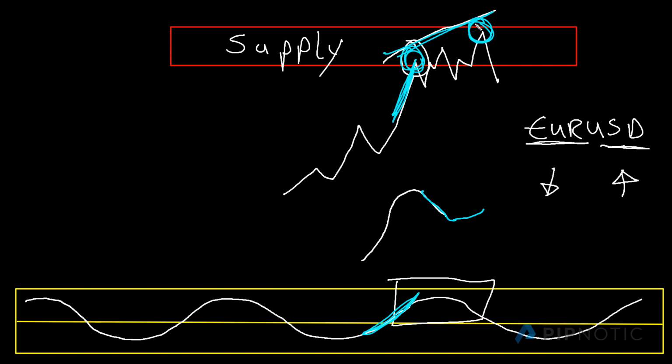We want price to go higher, but let's say this is called 1, and this is called 2. So this is the currency strength at the same area. We have currency strength 1 and currency strength 2. We want to see the test of the second push be less intense than the test of the first push.